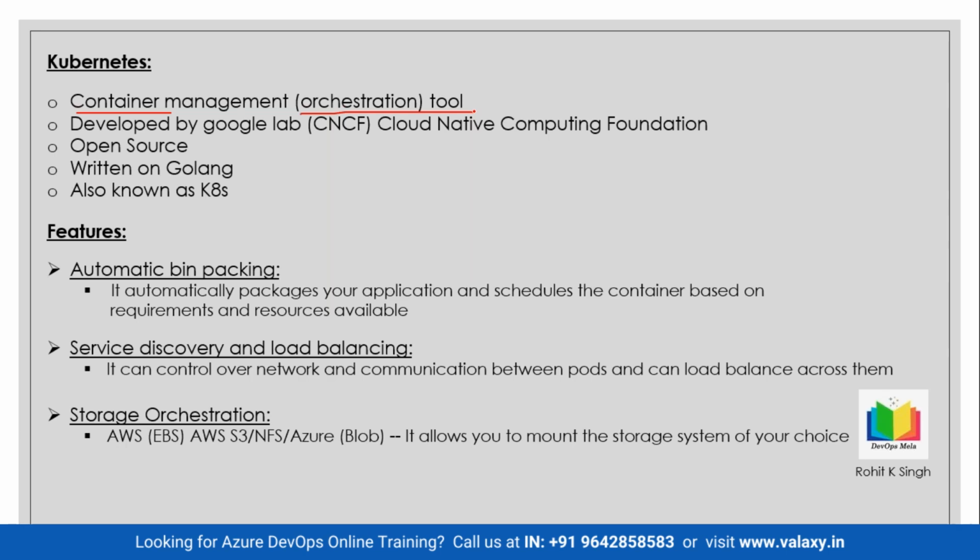Kubernetes is guiding where the application will be deployed, how the application will be load balanced, how the rollout will happen, how the rollback will happen, and if something happens to a container, how the replacement will happen. All this is managed centrally from Kubernetes. That is why we call it an orchestration tool. Make sense?